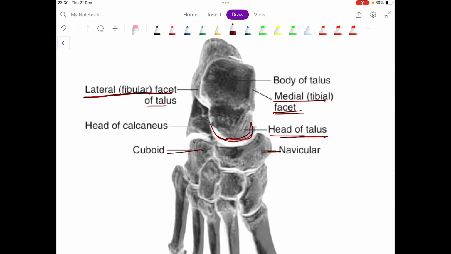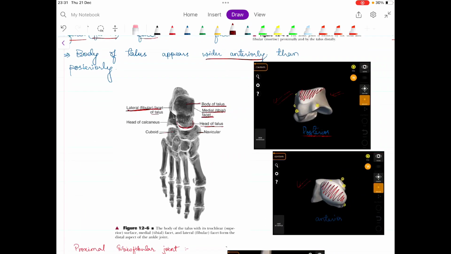These two are the useful things, okay. The rest is nothing much, okay. And this one is your body of the talus. So basically you need to understand these 4 things only. This one is your head of talus, this one is your body of the talus, this one is your medial or tibial facet, and this one is your lateral facet, okay.